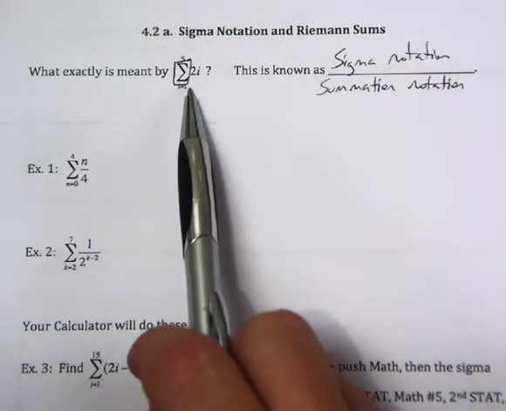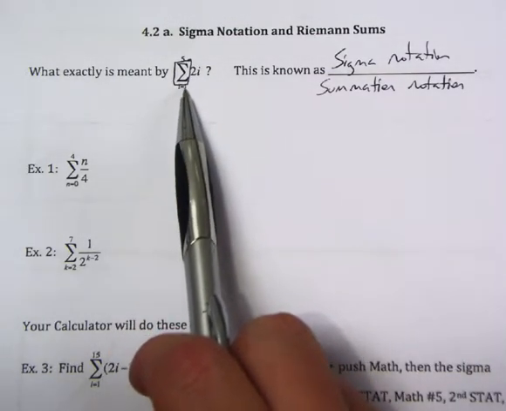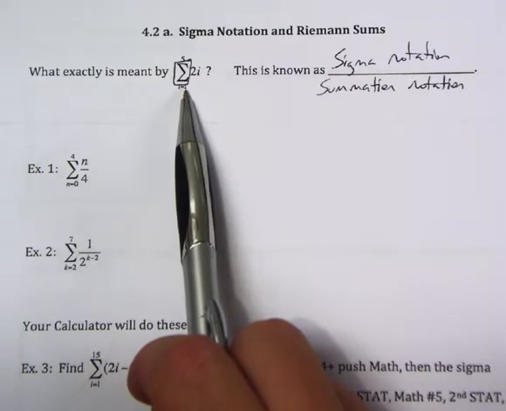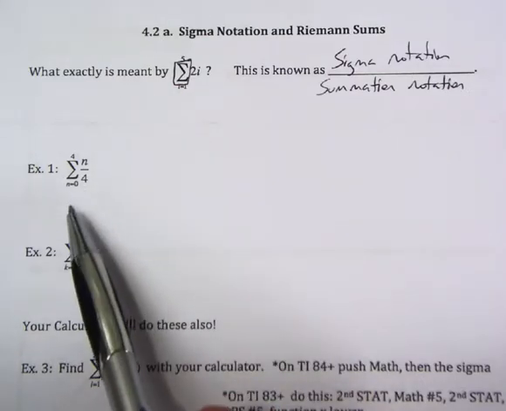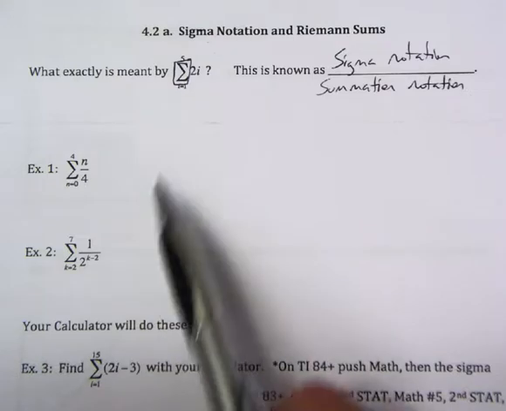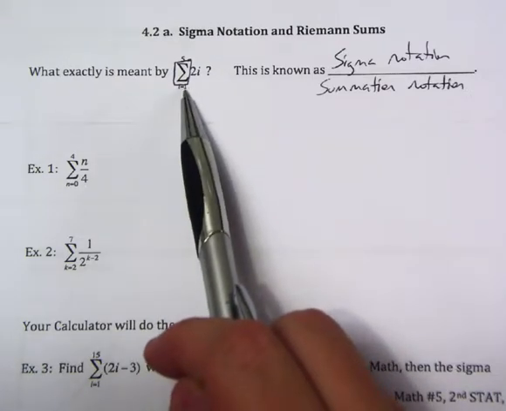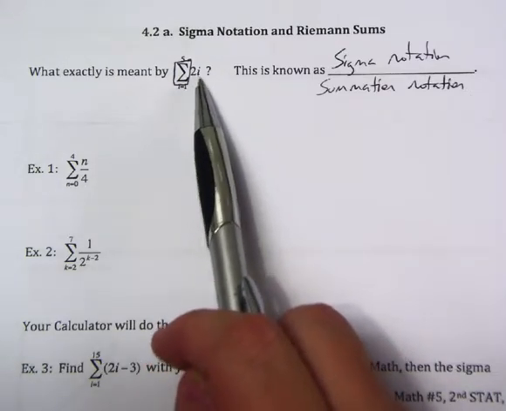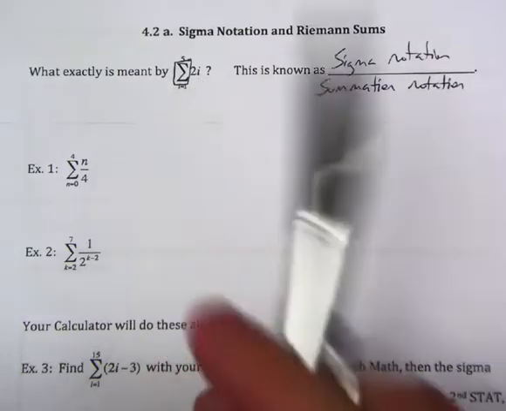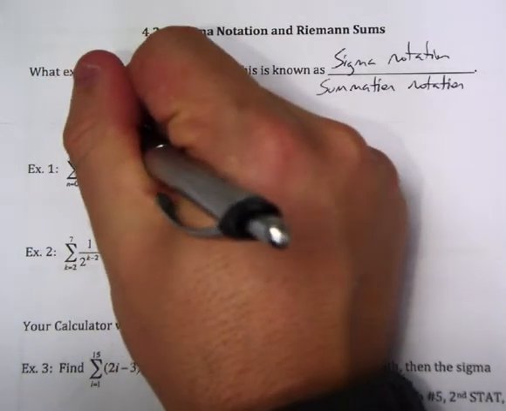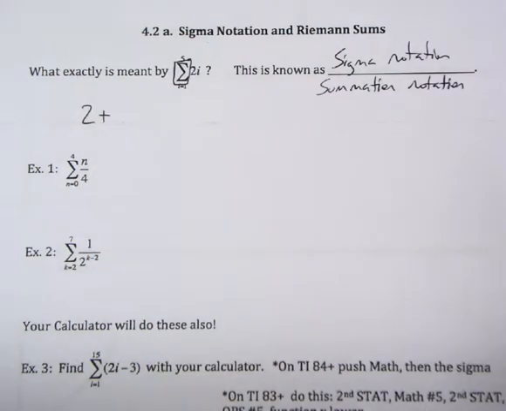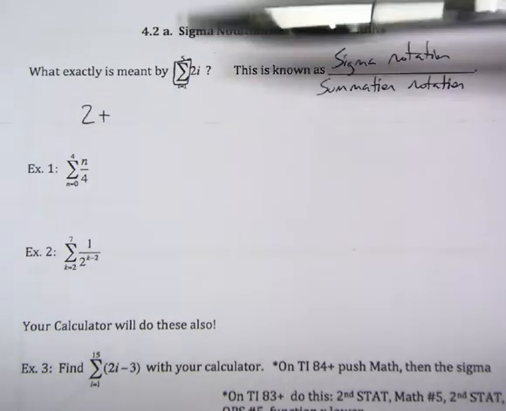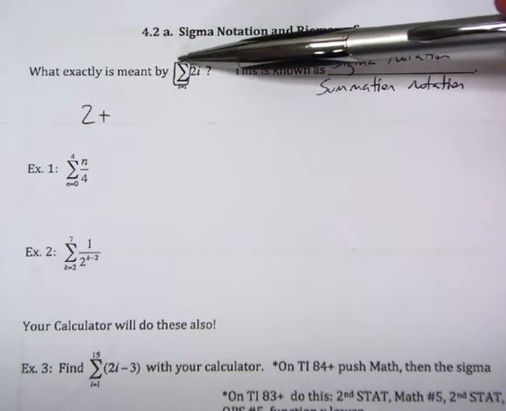So to refresh your memory on how you figure out what numbers you're going to add, you take whatever this bottom number is. It could start as a 1, it could start as a 0, it could start as a 2, it doesn't matter. But take whatever it is and plug it into your expression. So if I plug 1 in, I get 2. That means the first number I'm going to add is 2. Then I'm going to plug in every integer all the way up until I get to 5.